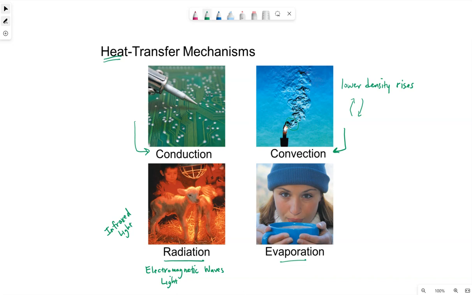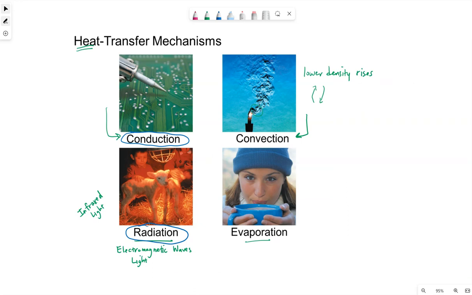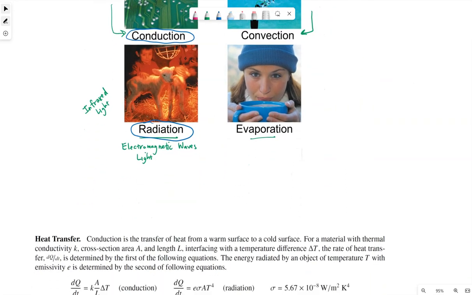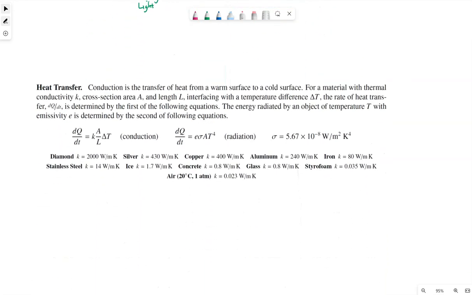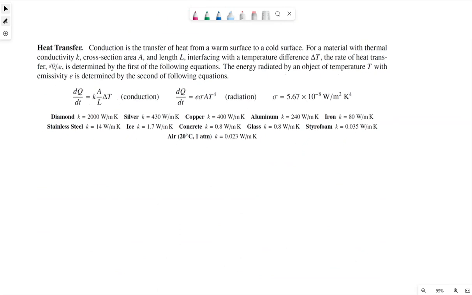As far as equations are concerned, we're going to talk about equations for conduction and radiation. So the equations, I've just pulled this section from the text notes that talks about heat transfer. So our two equations, this first equation on the left is our equation that describes conduction.